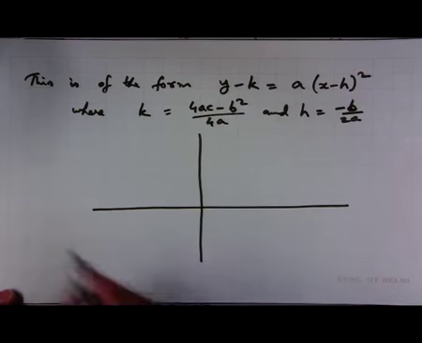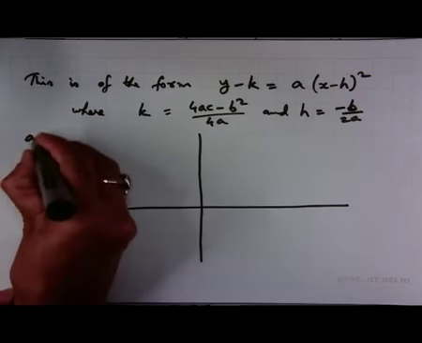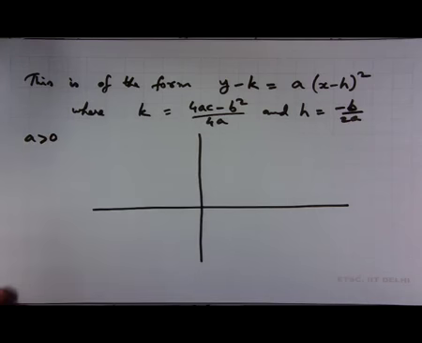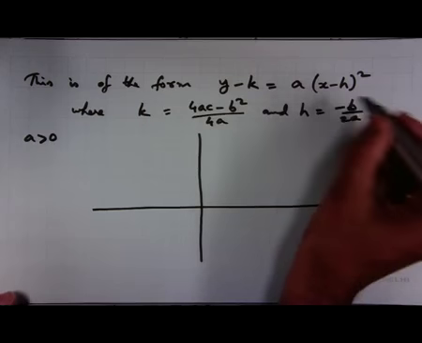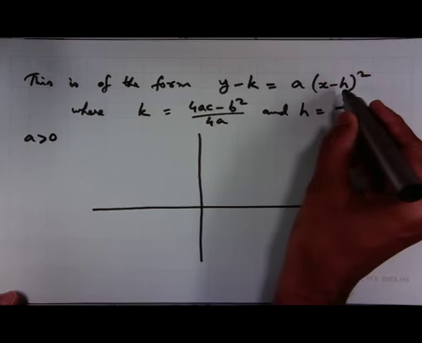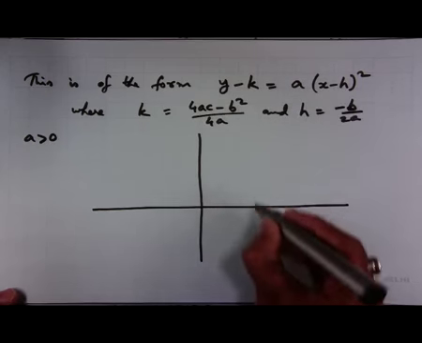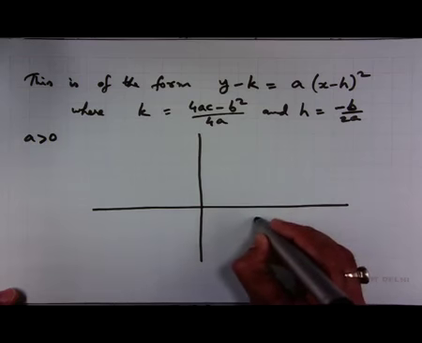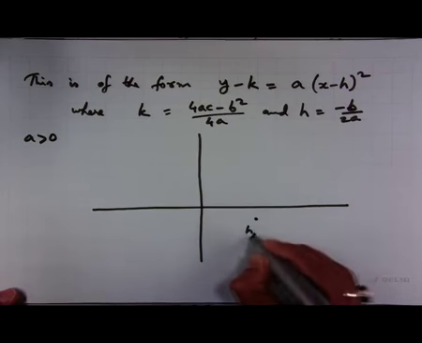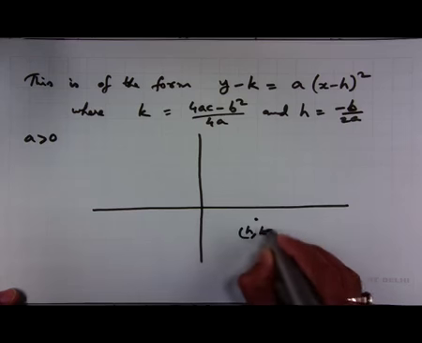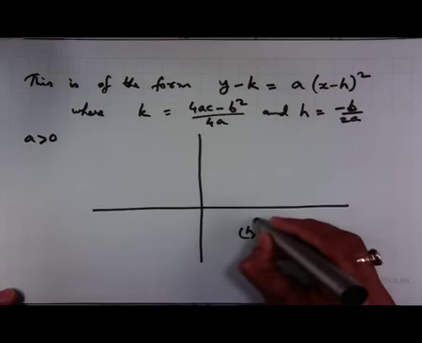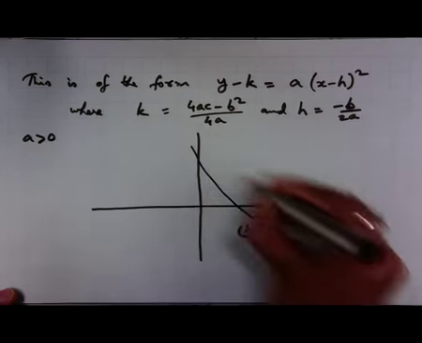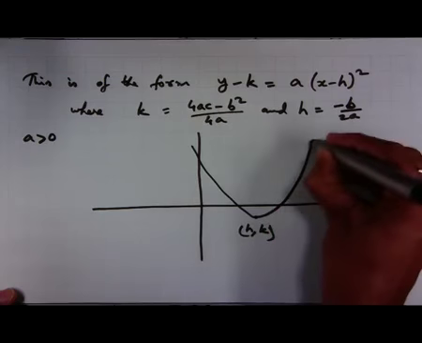So, suppose a is positive, then this parabola will be opening up and the vertex is at point h comma k, which can be anywhere. Here we are taking it in the fourth quadrant, and then the parabola will be like this, right.